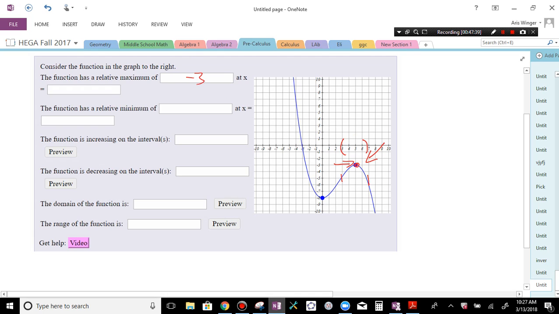And it occurs at 5. Similarly, this is the lowest point in some small area here. That point is negative 8, and it occurs at 0. Questions there?